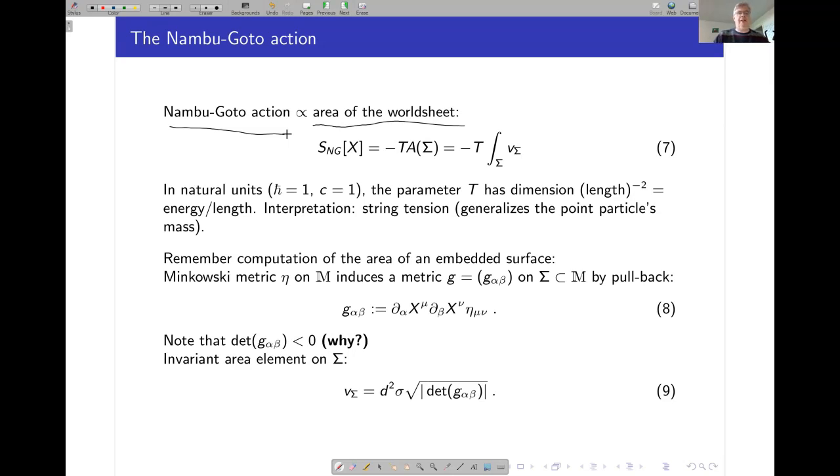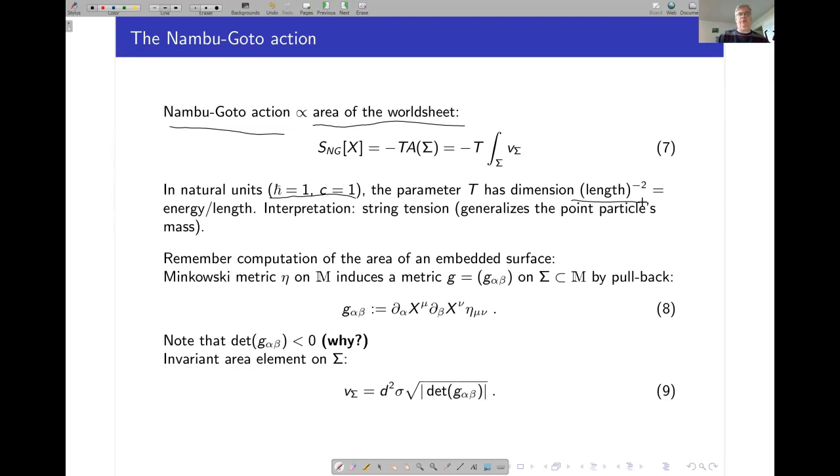Now, an action has a certain dimension. We are using units where we put the reduced Planck constant and the speed of light to unity. And then, if we have an area which has dimension length squared, we need a parameter of dimension 1 over length squared to make it dimensionless, as befits an action in natural units.